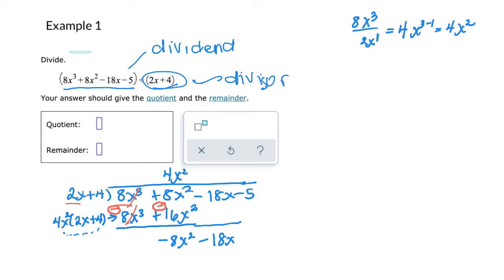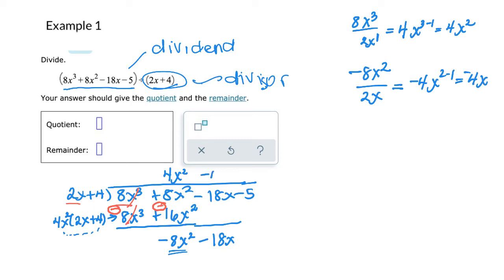And then we start the division process again. I'm going to take my new dividend, minus 8x squared, and divide it by 2x. Negative 8 over 2 is negative 4, and x to the 2 minus 1 is just going to be negative 4x.